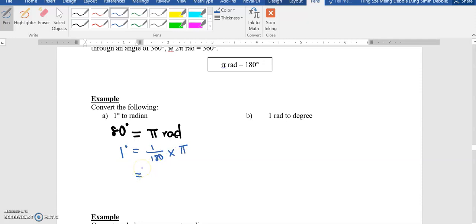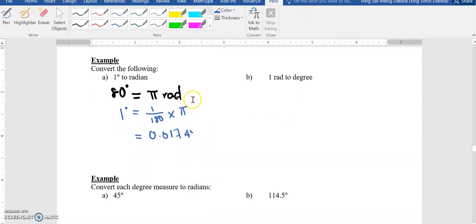So 1 degree, by calculation, is 0.01745 and so on and so forth, an irrational number. In 3 significant figures, we have 0.0175 radian.